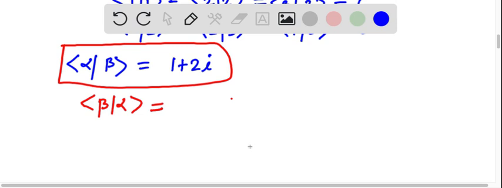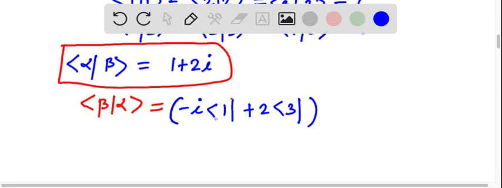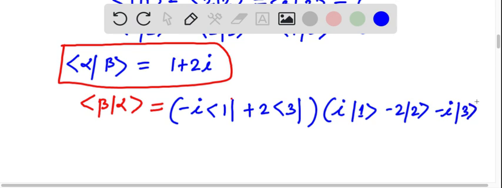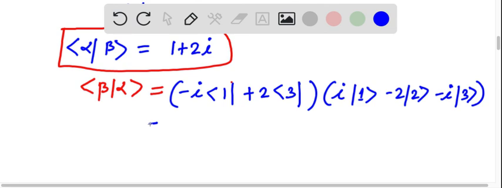The bra β is −i<1| + 2<3|, and the ket α is i|1> − 2|2> − i|3>. Now we can do it directly: −i times i is −i², that is plus 1, <1|1> is 1, and the others will be 0.